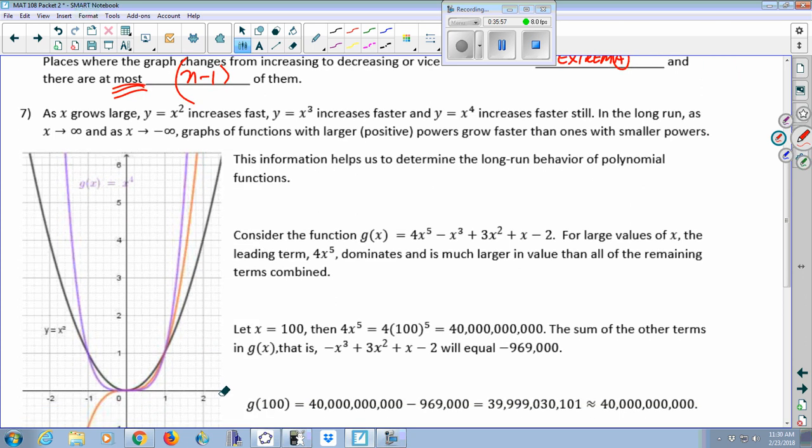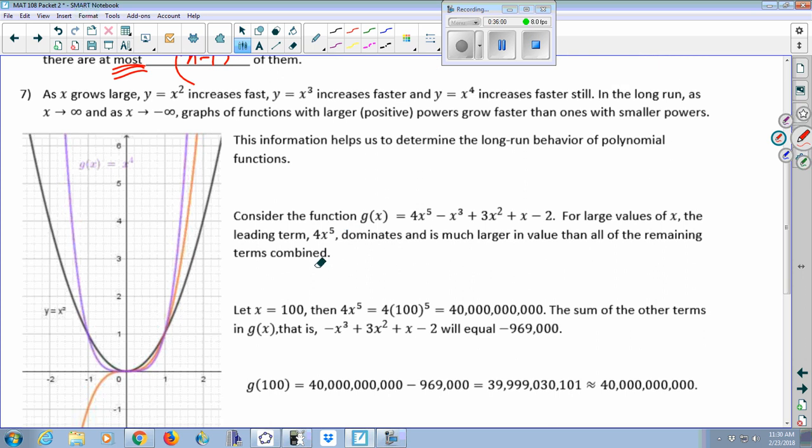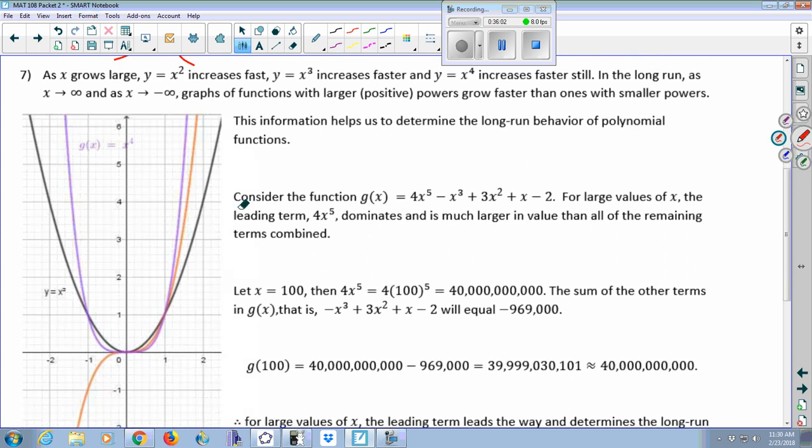Okay. All right. So here I have your x squared in black, your x cubed in orange, and your x to the 4th in purple. And if we're interested in looking at the long run behavior, that's what happens to the value of these functions as x goes towards positive and negative infinity. Let's take a look at this function right here, g of x.